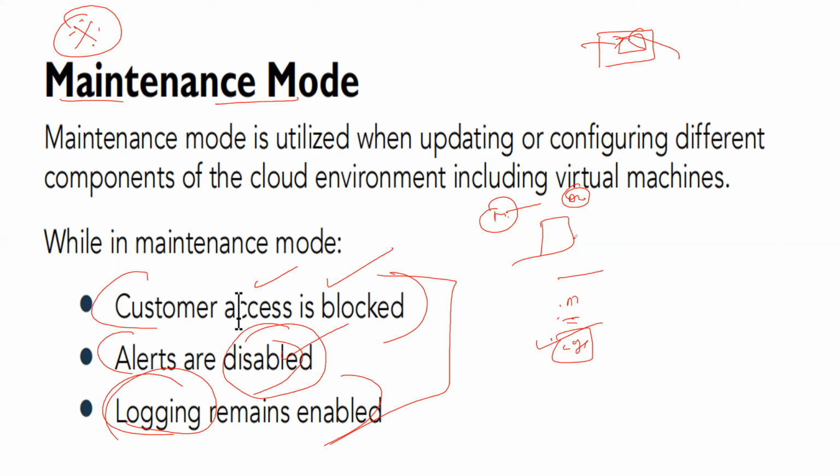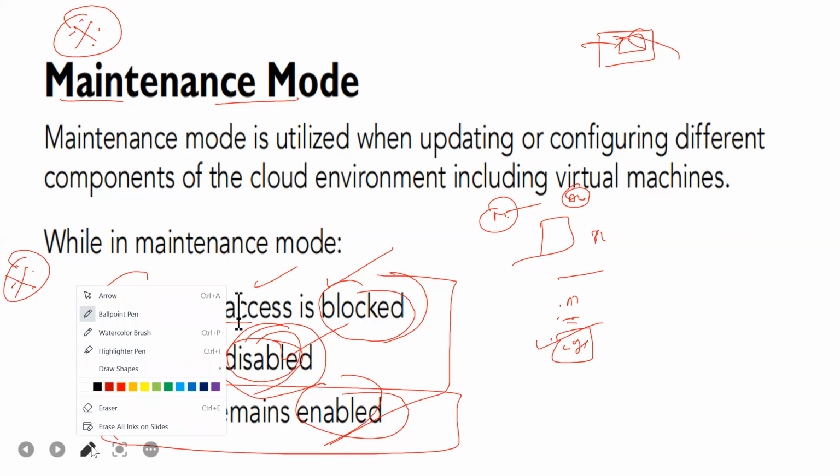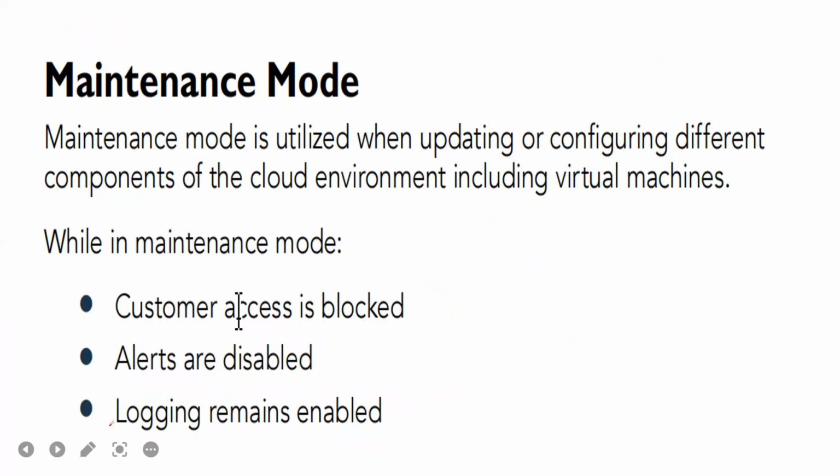During maintenance mode, which should be blocked? Customer access. From these words, they will frame the questions. 100% this is coming. And that too related to the logs. So make a note of it. Remember this. Only small things you have to know in domain 5. Okay, clear? Yes. So maintenance mode, this you have to know.